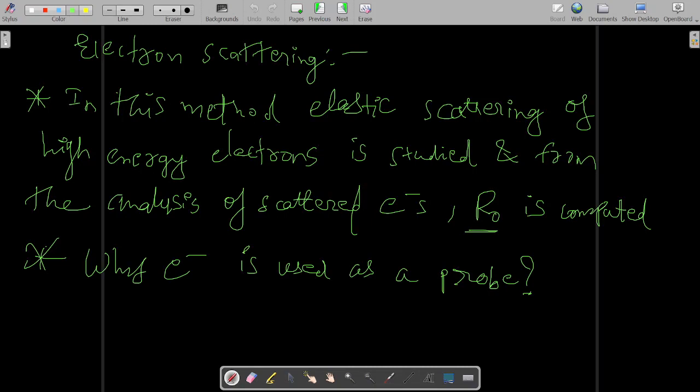Now, why is the electron used as a probe? Now we will calculate the de Broglie wavelength of the electron.